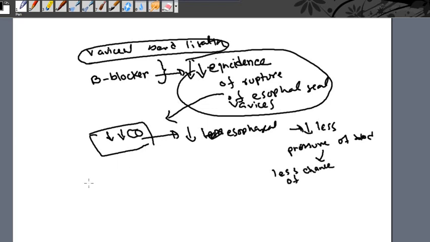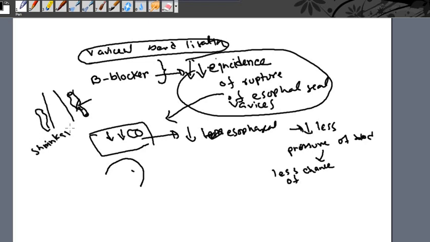Again, another authority says beta blocker actually works directly on the esophageal varices, and they actually cause a shrinkage of the varices, right?